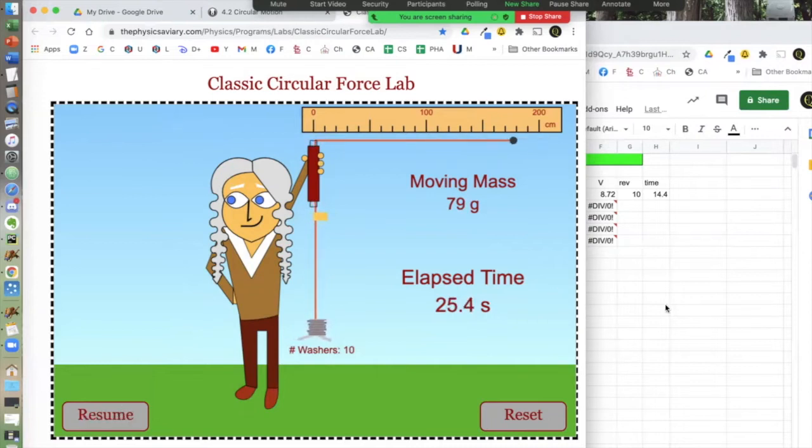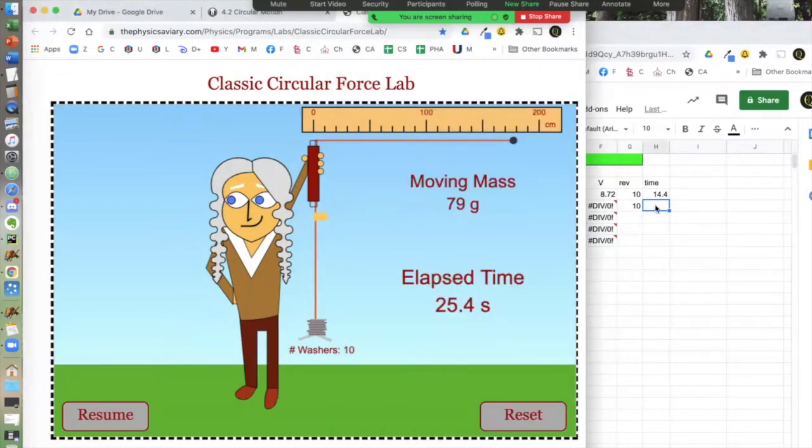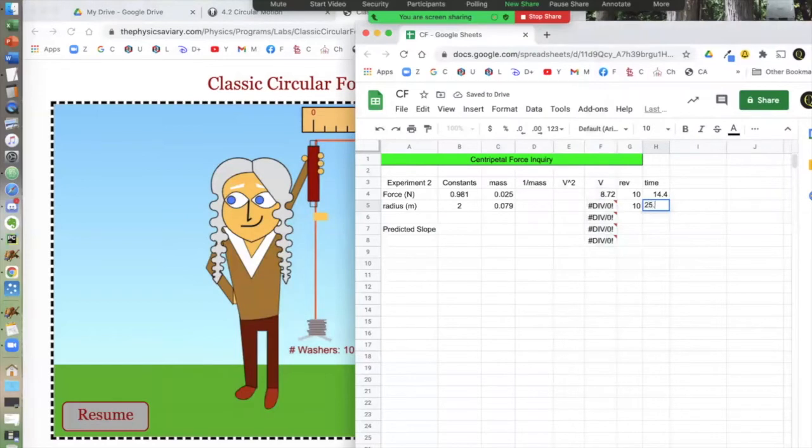Okay, this is going to be bad because it's going to get slower and slower. I guess I'm doing 10 revolutions every time. I didn't need to, maybe I won't do 10 revolutions next time. 25.4 seconds. So there's my new velocity.